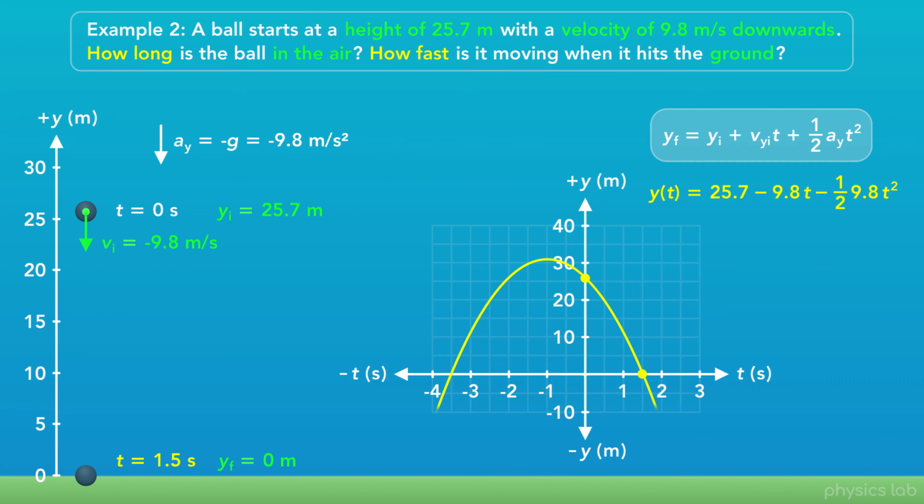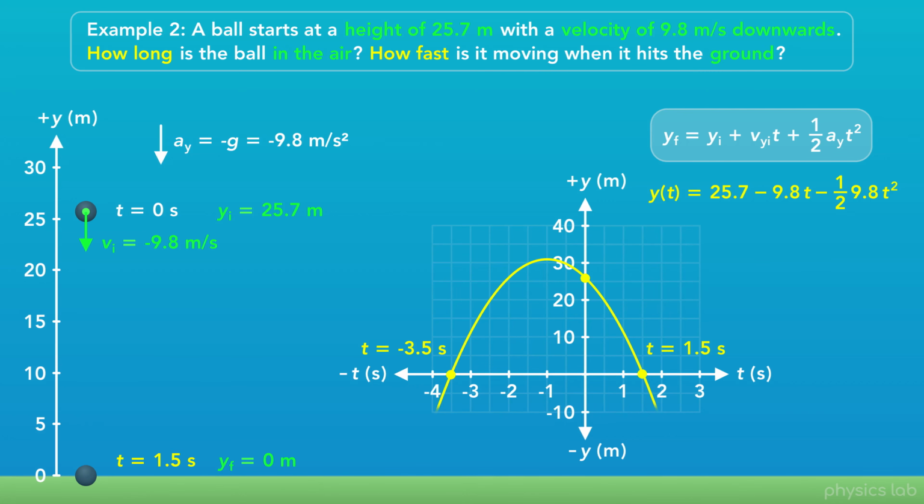We're looking for the time when y equals 0, which happens at positive 1.5 seconds and negative 3.5 seconds. The kinematic equation doesn't know there's a ball hitting the ground. It's going to give us all of the values that satisfy the conditions we give it.